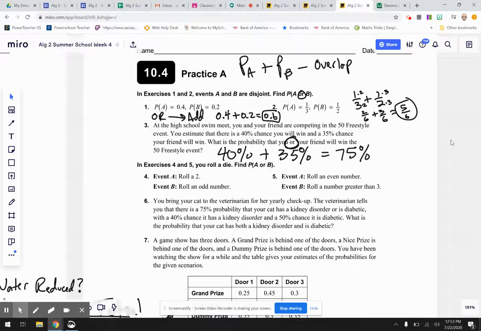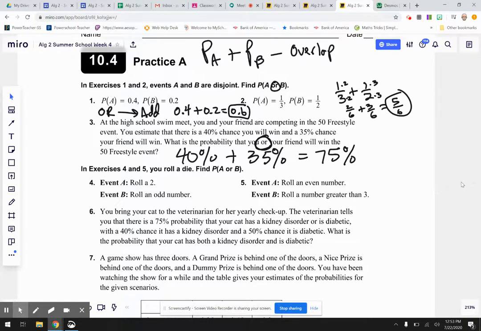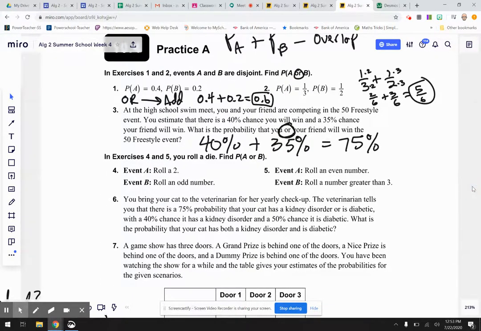All right, let's look at 4. Now, here's where your or is going to matter. Your overlap might come in. What's the probability that you roll a 2 or an odd number? The chance that you'll roll a 2 on a die is 1/6. The chance that you roll an odd number, 1, 3, or 5, is 3 out of 6.